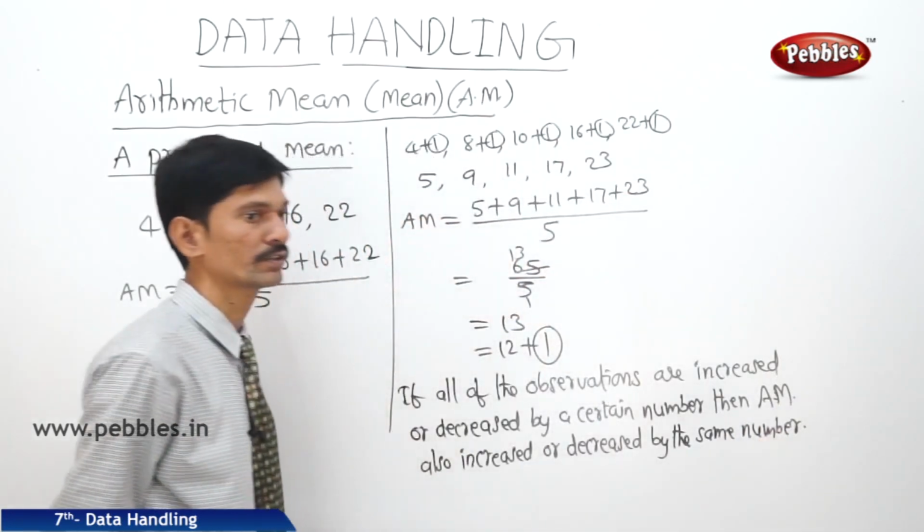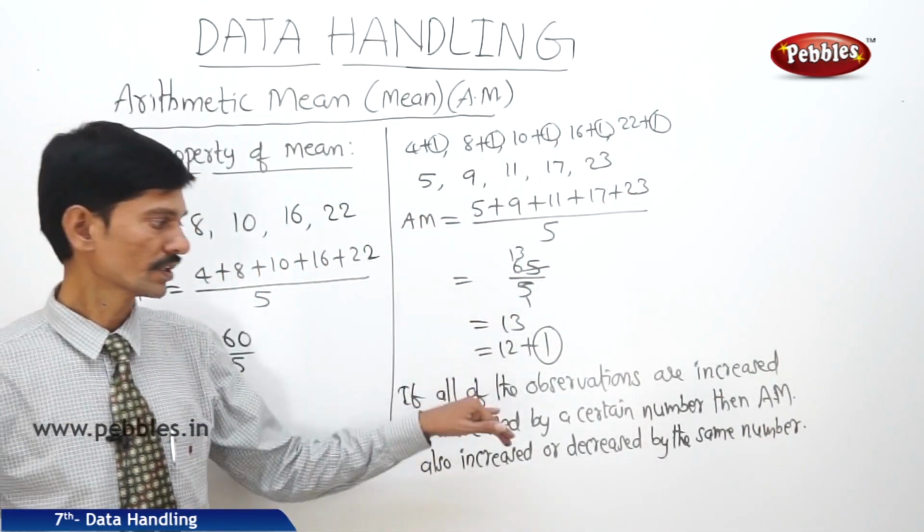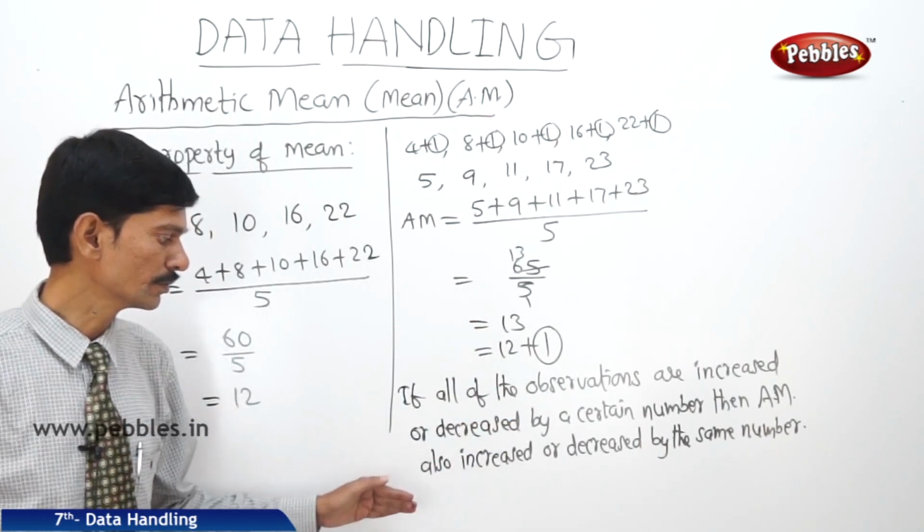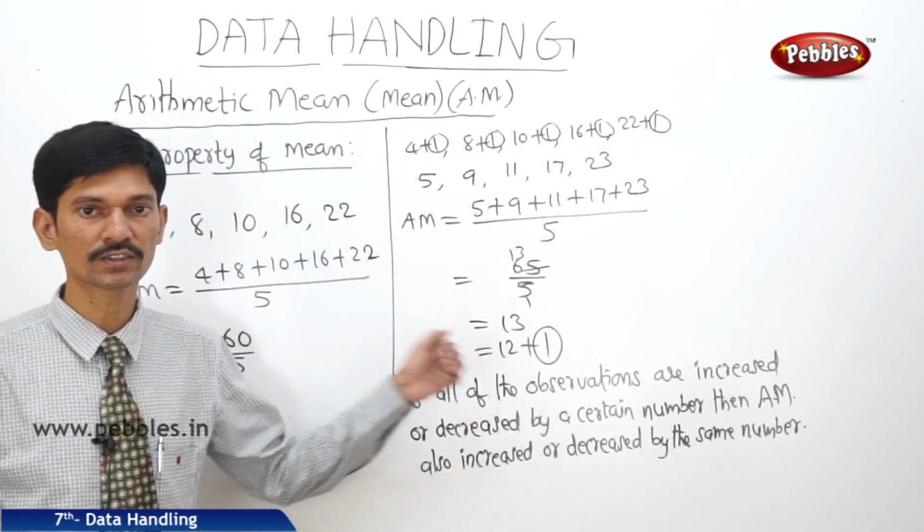So if all the observations are increased or decreased by a certain number, then even the arithmetic mean also increased or decreased by the same number.